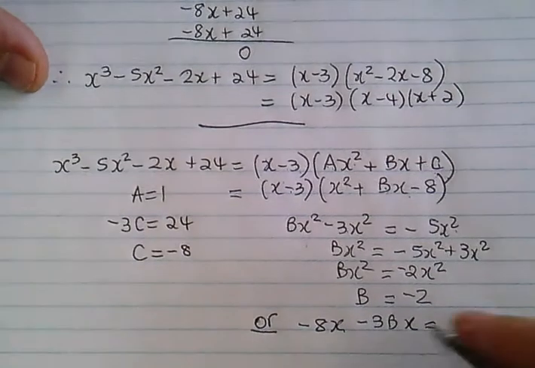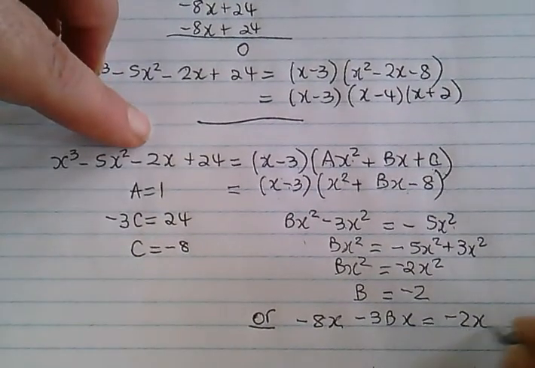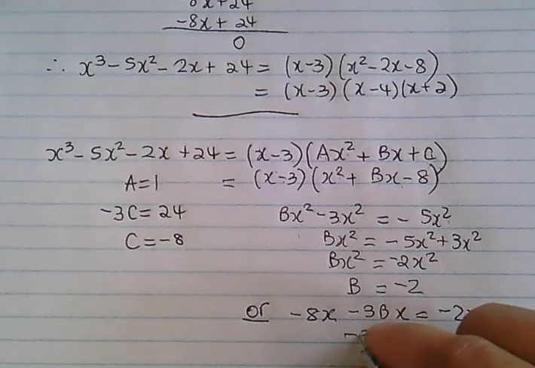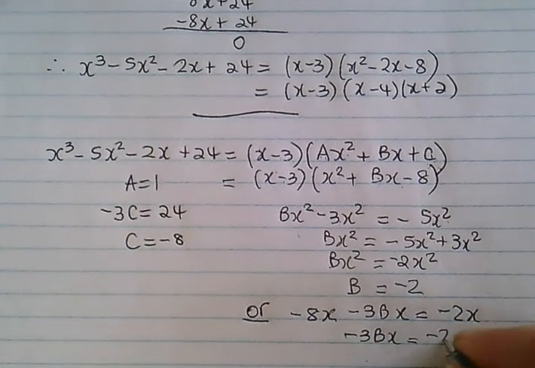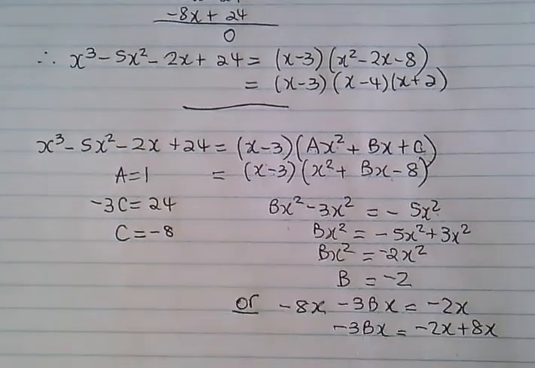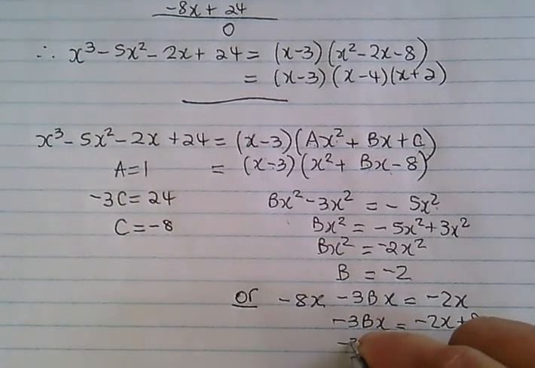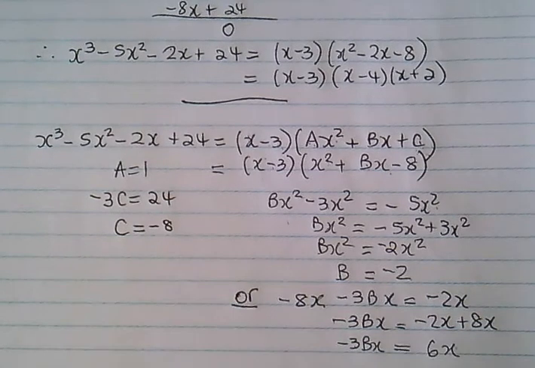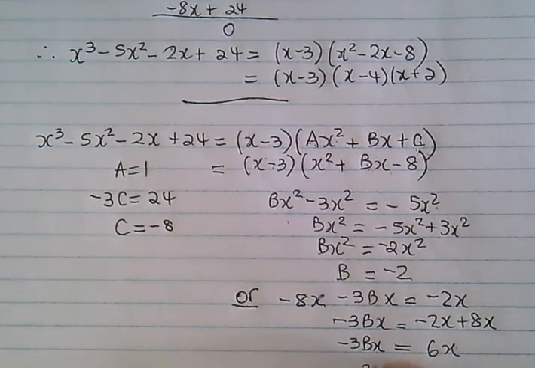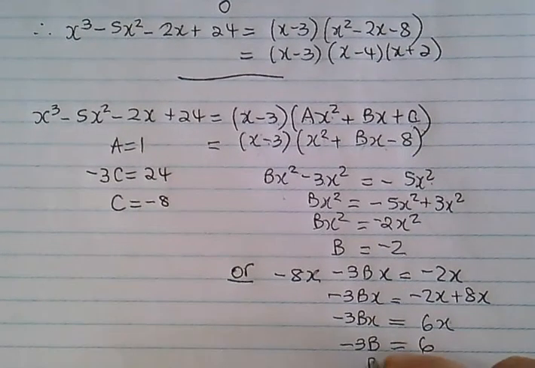They're my only x terms. That would equal negative 2x. So therefore, negative 3bx is negative 2x plus 8x, which is 6x. And here as well, by comparing, negative 3b is 6. So therefore, b again is negative 2.